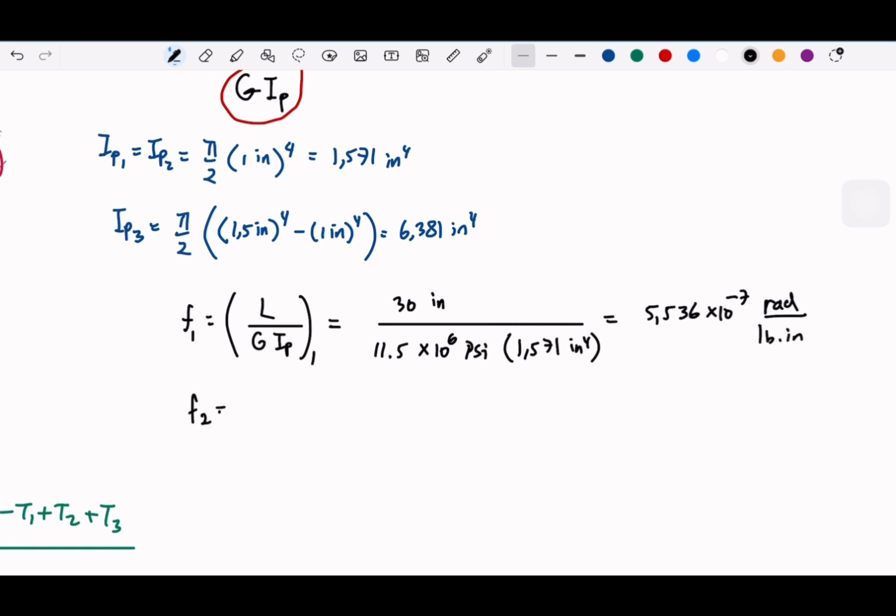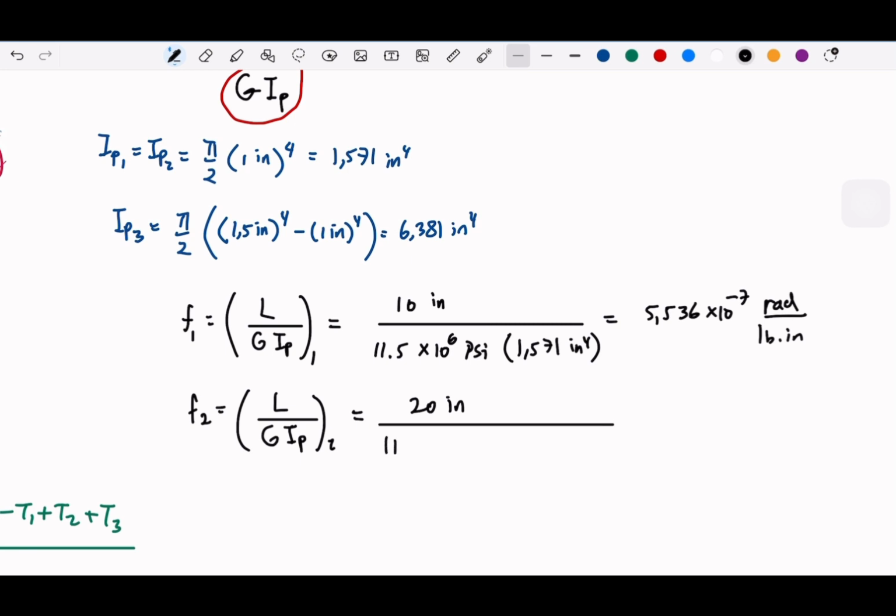And do the same thing for the element 2. This will be 20 inch. Oh, wait, this is not 30, 10 inch. This is the same.